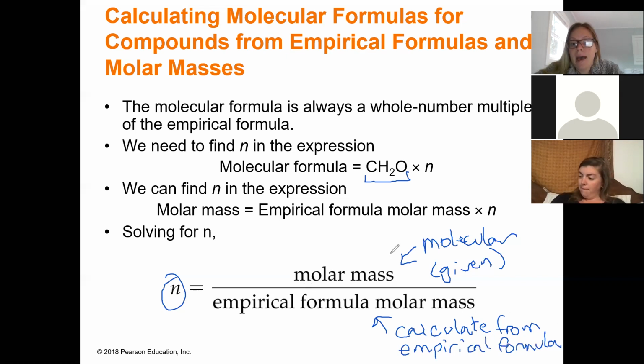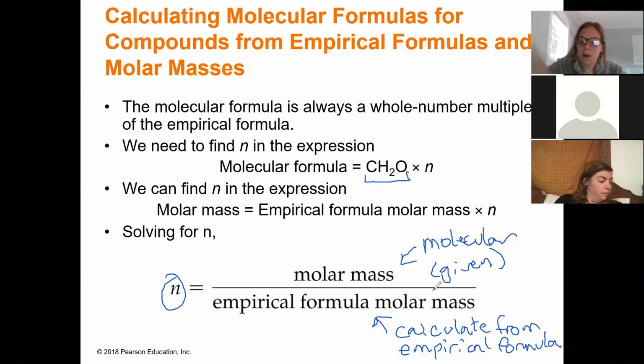So you're taking the mass of the molecular, the bigger guy, and dividing it by the mass of the empirical, or the smaller guy, to see how many times bigger the molecular is than the empirical. If this number is twice as big as this number, your N will equal 2, meaning your molecular is twice as big. If it's 6 times as big, N equals 6, okay? So molecular will be given to you. Empirical you solve by using the empirical formula.